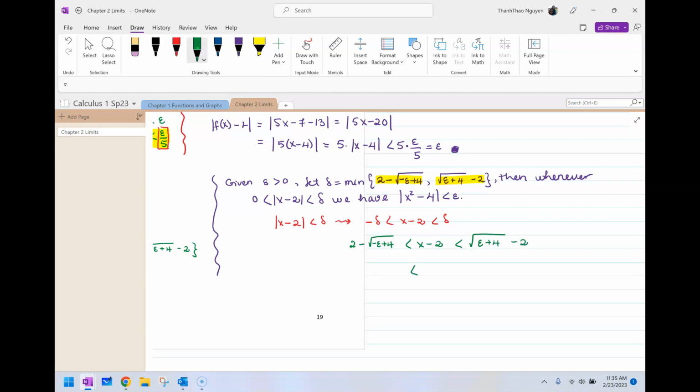This tells me that x is between the root of negative epsilon plus 4 and the root of epsilon plus 4. This means x squared is less than epsilon plus 4.